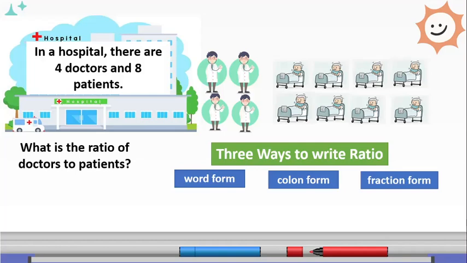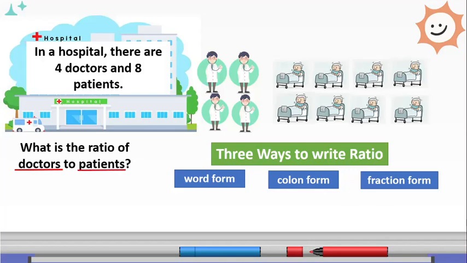In the given problem, we will be comparing two quantities. The first quantity is doctors. So let's count how many doctors we have in the problem. There are 4 doctors. This time, how many patients are there?